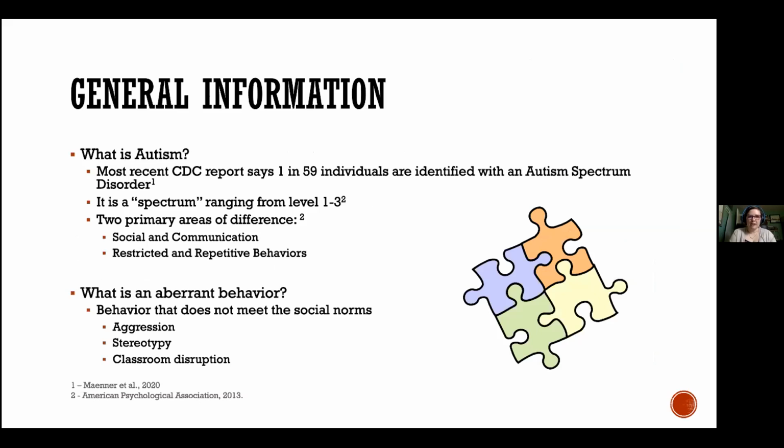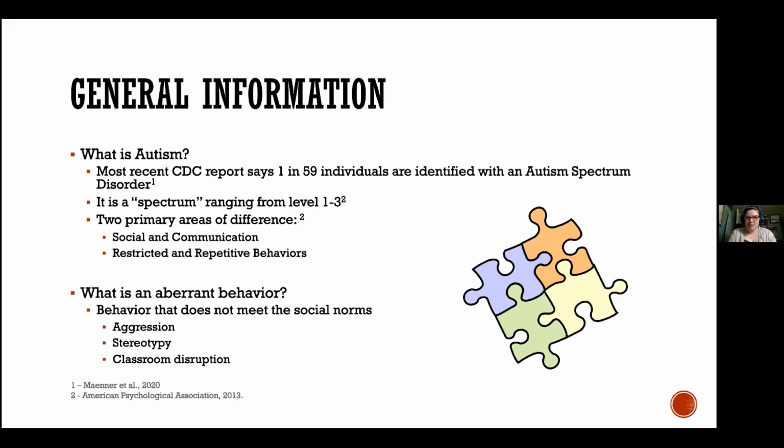It's rated currently on levels 1, 2, and 3, with 1 being the least impacted in their day-to-day lives, and 3 requiring the most significant supports in order to access the community. And so when I'm talking about autism and some of these interventions, not everything is going to work with everyone, because if you've met one person with autism, then you've met one person with autism.